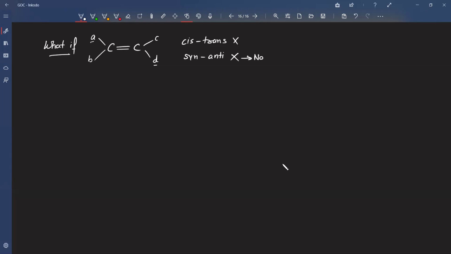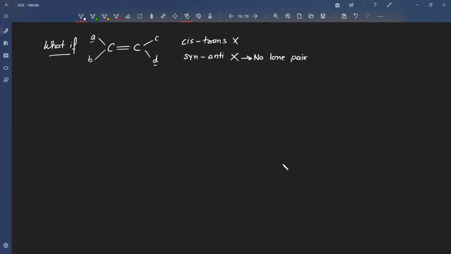Okay. If you go back and see the syn and anti, there was a nitrogen atom, and on the nitrogen atom there was a lone pair. Everything was either based on that lone pair or from the point of view of the group which is attached to the nitrogen atom. But here there is no nitrogen atom, so I can neither use cis and trans nor syn and anti.